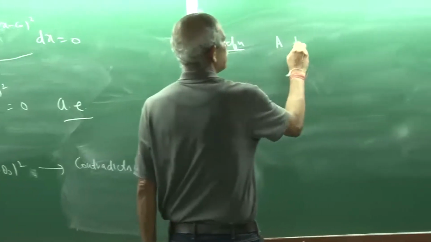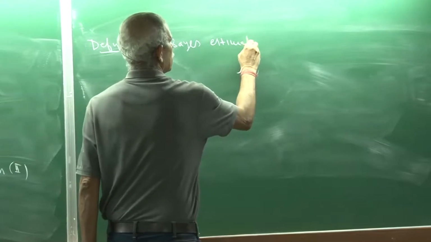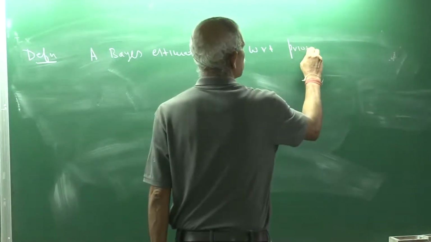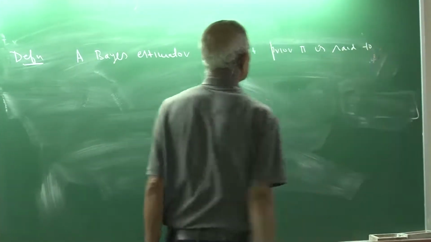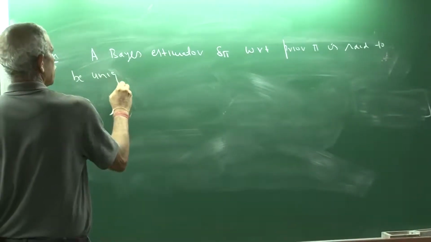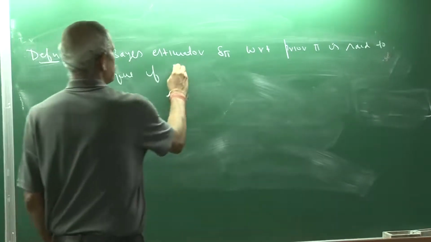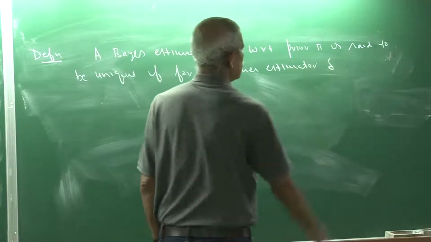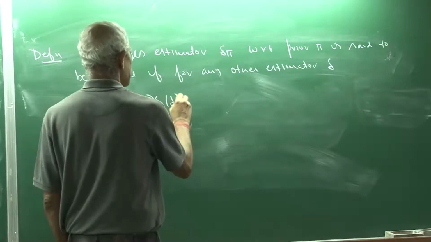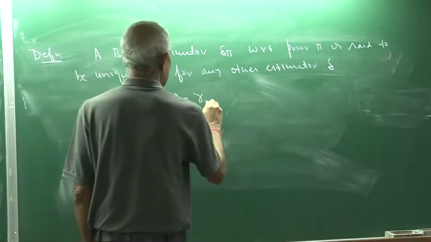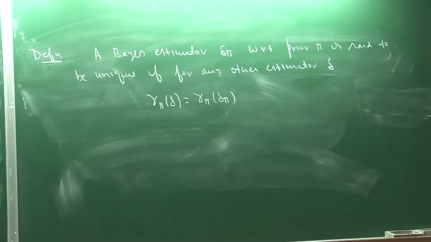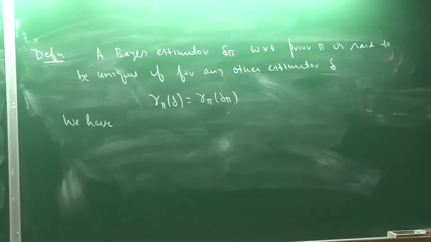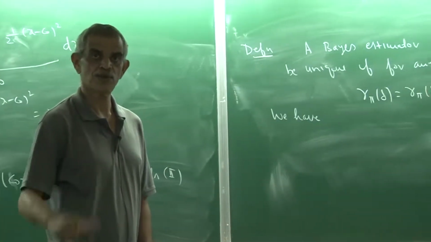A Bayes estimator delta pi with respect to prior pi is said to be unique if for any other estimator delta, if its risk is the same as the risk of delta pi, we have the frequentist risk of delta and delta pi the same almost everywhere with respect to the probability distribution of x given theta.